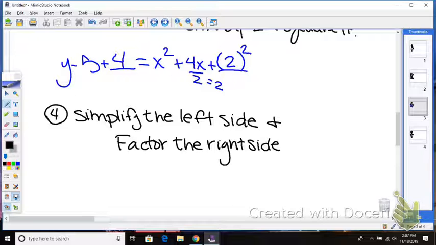So simplifying the left side is very easy. It's just combining these like terms. So -5 plus 4 is going to be what? -1. So it's going to be y minus 1 on the left side.